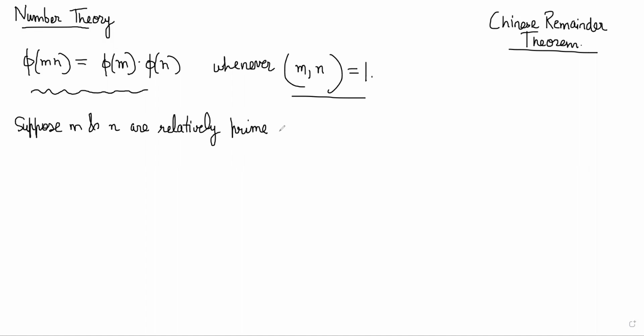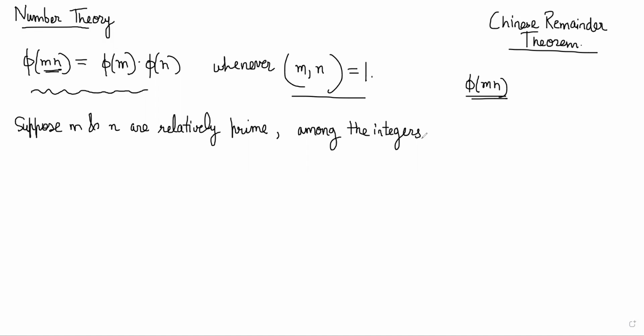then what we have to show is that among the integers, we have to find phi of mn. Phi of mn means all the numbers from 1 to mn which are co-prime to mn.